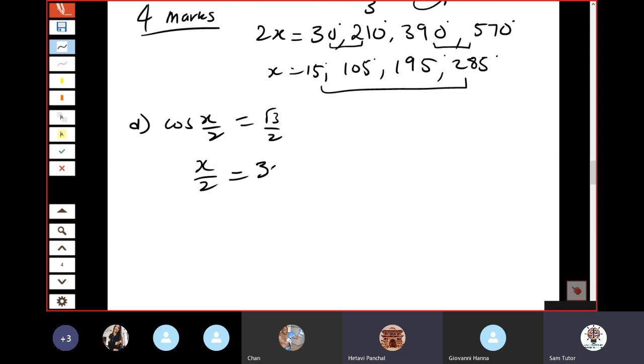Yep. And then all stations to central. We see where 30 is positive, which is A and C. So then 360 minus 30, which is 330.